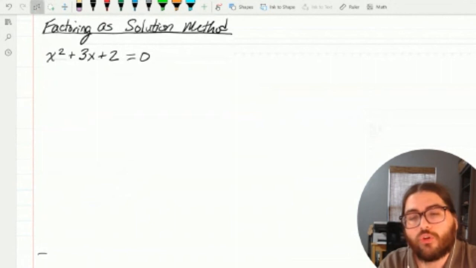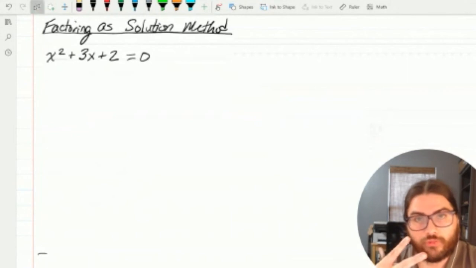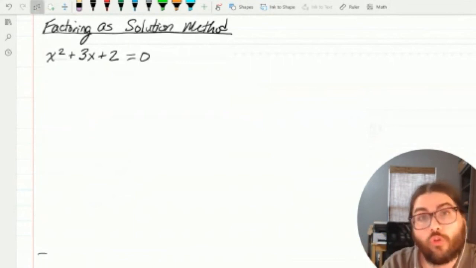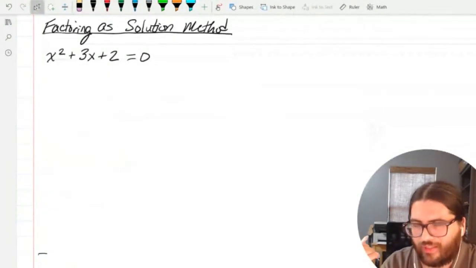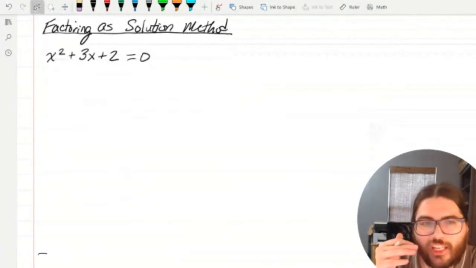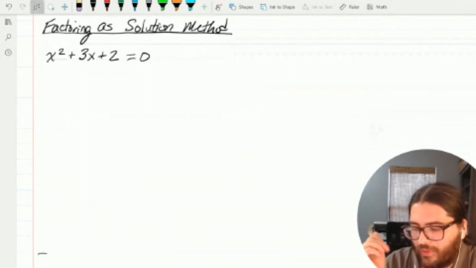Notice how because this quadratic equation, x squared plus 3x plus 2, has the x in two different places, I can't separate and isolate that x value the same way I would in a normal linear equation. I can't do it. So I can't use the regular minus 2 divided by 3 stuff that I could for a regular linear equation. I need to factor that.